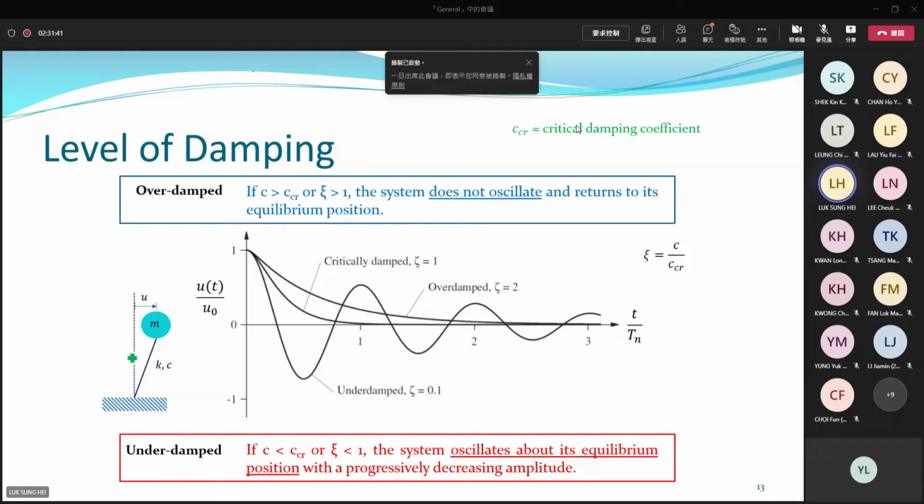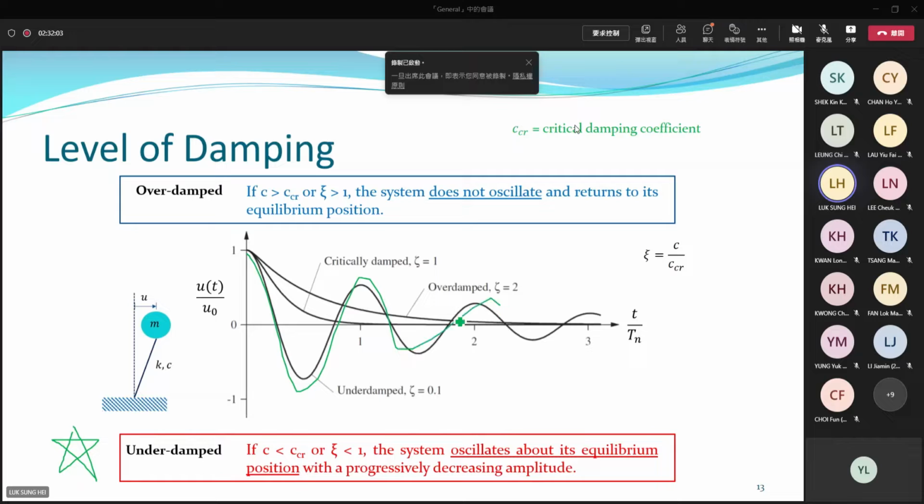One last thing I can tell you is that for our civil engineering structures, almost all the structures belong to the underdamped scenario. For tall building structures, normally they belong to the underdamped scenario. So you start to see many oscillations.